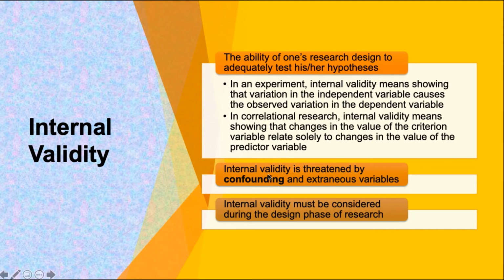Confounding, although always a matter of concern, does not necessarily present a serious threat to internal validity. Confounding is less problematic when, for example, the confounding variable is known to have little or no effect on the dependent or criterion variable, or when its effect can be taken into account in the analysis.